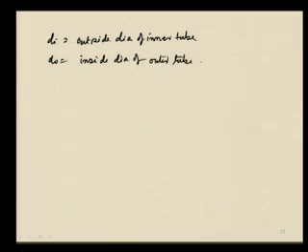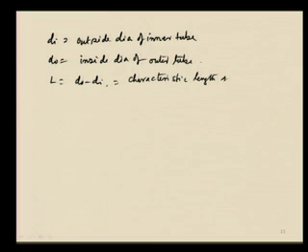Then L is equal to dO minus di, and that is the characteristic length in the annulus, and K effective is the effective thermal conductivity.